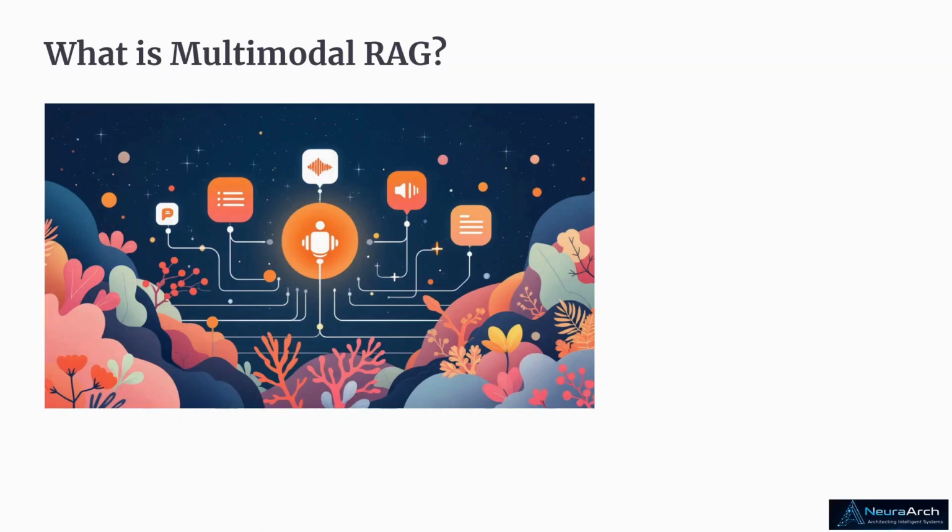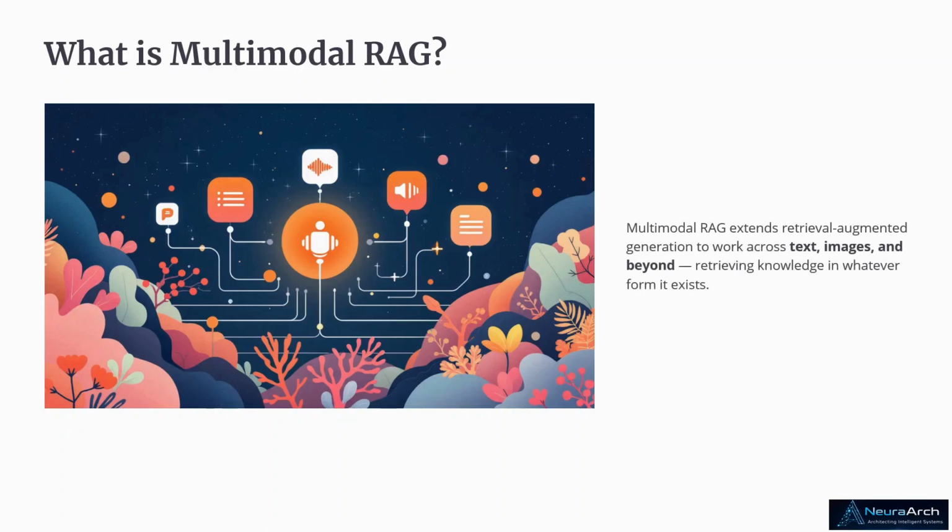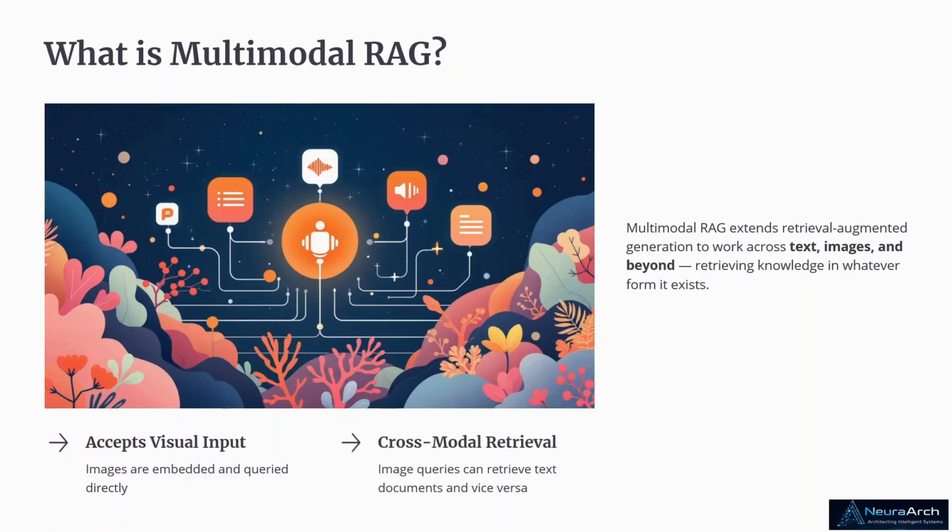And the solution for such complex problems is multimodal RAG. Multimodal RAG extends retrieval augmented generation to work across text, images, audio, and beyond. It accepts a visual input and embeds it; the queries are going to get embedded even if they are not text.